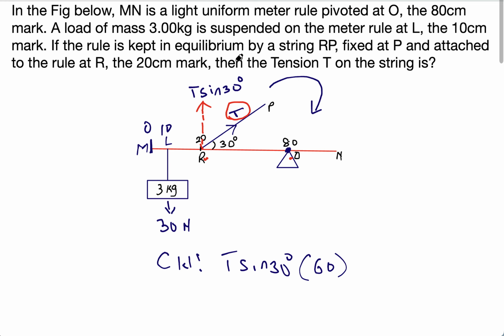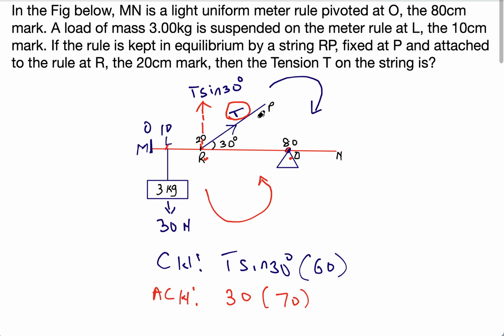We know that this one will turn in this direction, and this direction is the anti-clockwise direction. So we have the anti-clockwise, and that will be 30 multiplied by the perpendicular distance. This time, from the 10 to the 80 centimeters mark, that will be 70 centimeters.